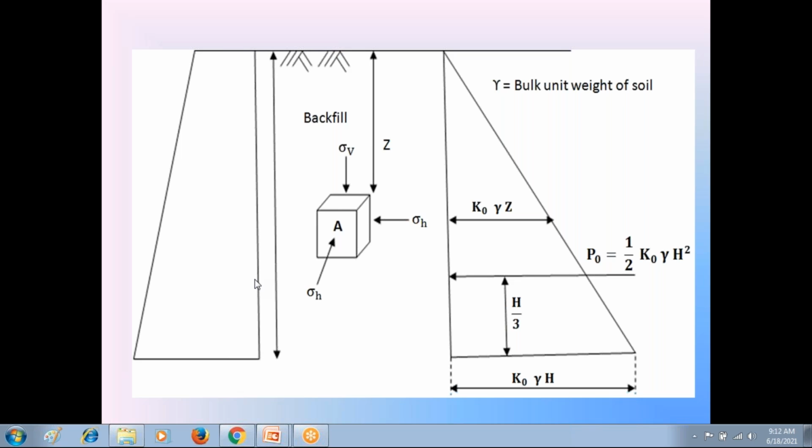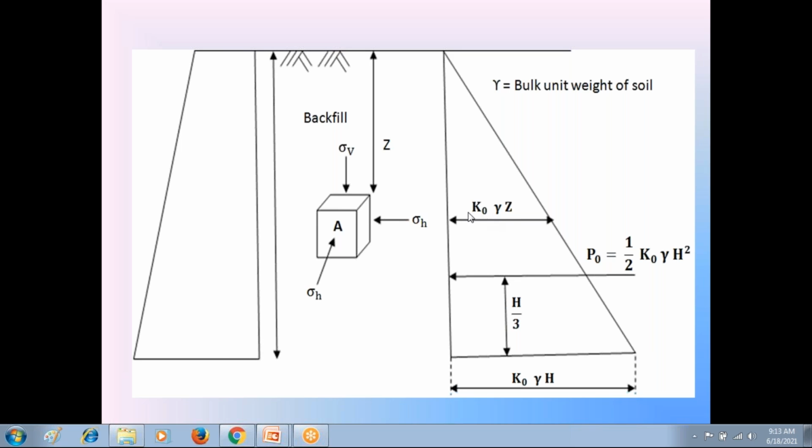The magnitude of that total horizontal earth force P naught acting on the retaining wall is equal to the area of this distribution diagram. What is this area? Half into... Why is it a triangle?